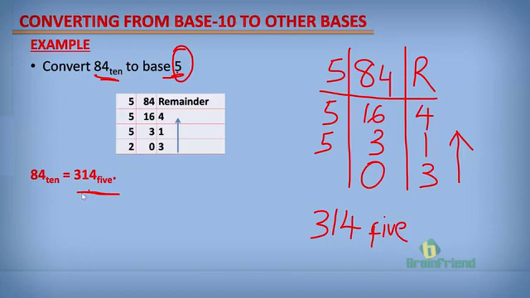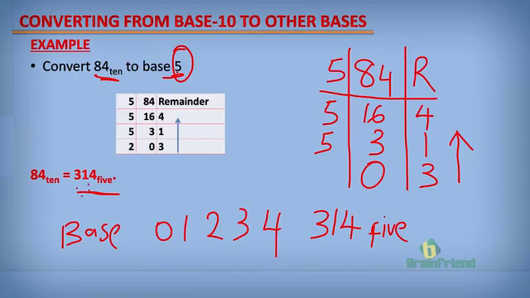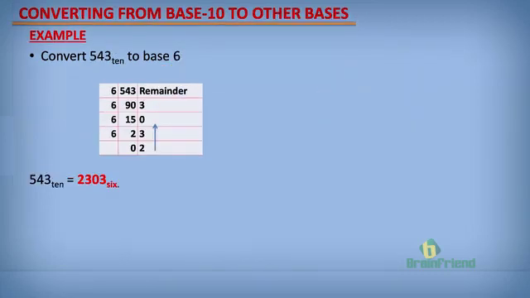For instance, for a base 5 number, the only digits included are 0, 1, 2, 3, and 4. 5 cannot be included. Look at our answer. There is no 5. There can be a 0, 1, 2, 3, or 4, but there can be no 5. So our answer is correct: 84 in base 10 is 314 in base 5.